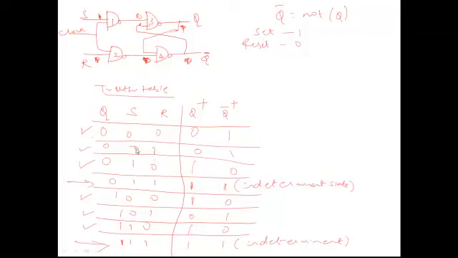So you see here, whenever S is 0, R is 1, it means reset. Reset in the sense output is 0, it is saving 0. Here also you see this combination, S is 0, R is 1. The output is 0, telling that the flip-flop is saving the binary 0.